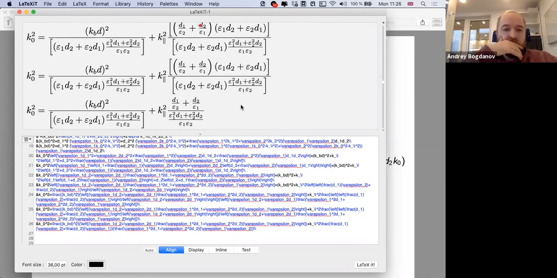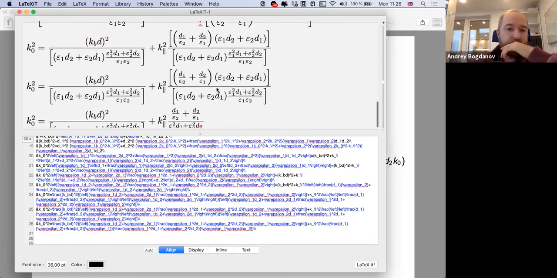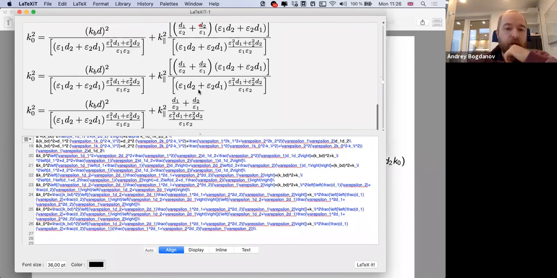Okay. It's a little bit strange. I think I have a mistake somewhere, because here I should definitely have just d1 plus d2 instead of this fraction.